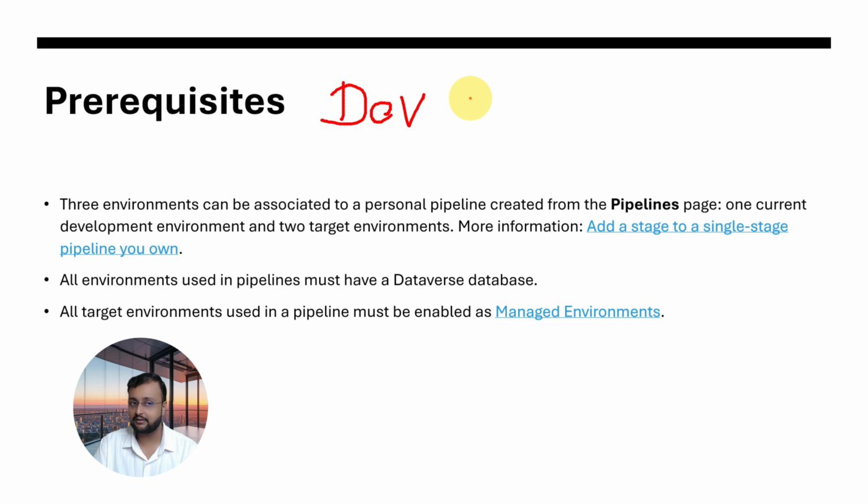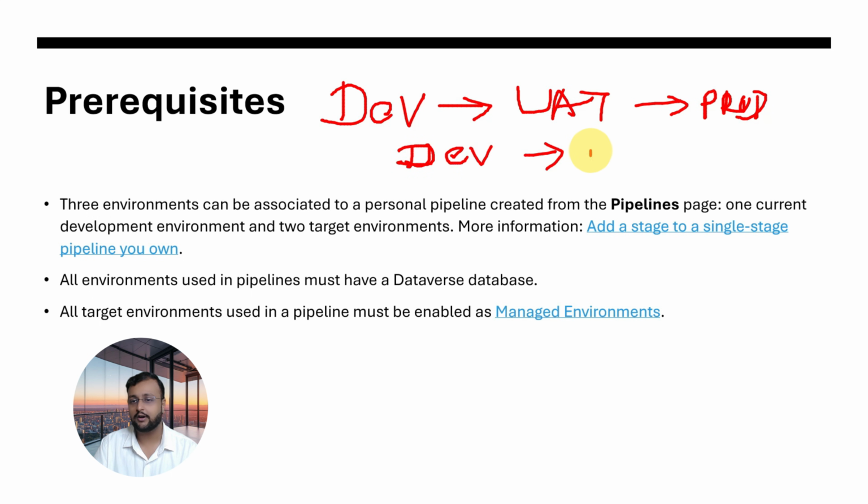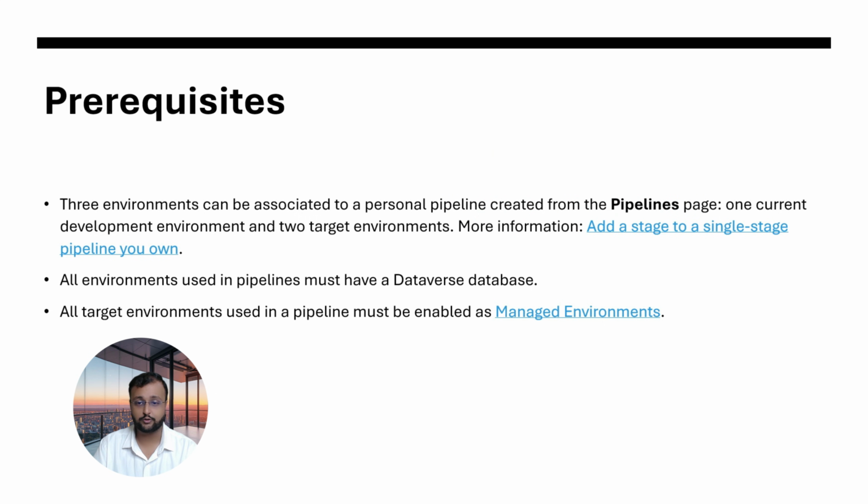Then what level of customization do you want? You want dev to UAT and then UAT to prod in that fashion, or you just want only one level, like dev to another UAT. Or sometimes you don't have a UAT, you have development and then directly prod, then you just want to do it like that, right? That's something you need to decide.